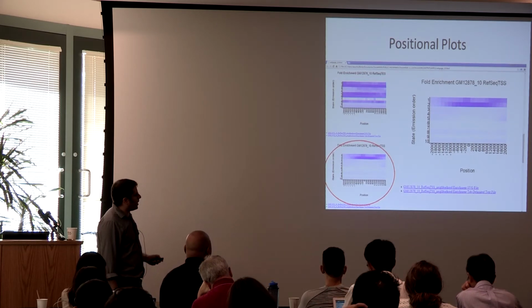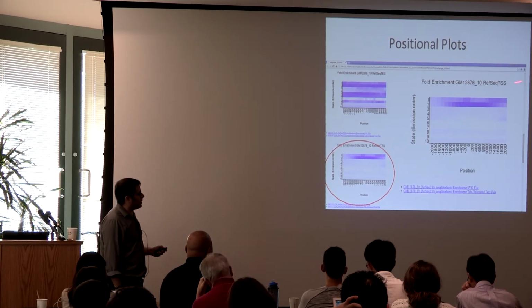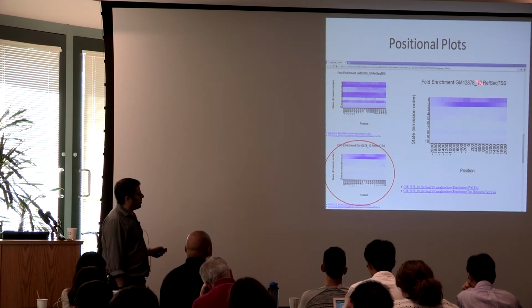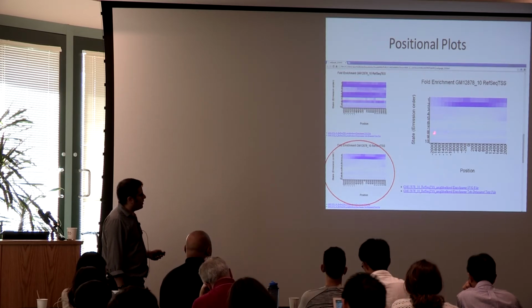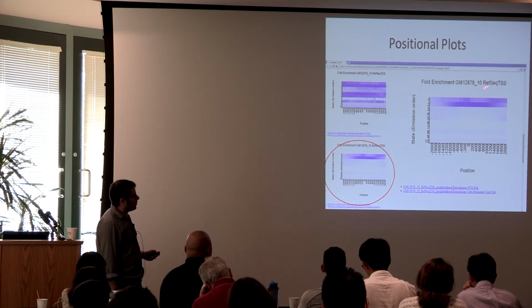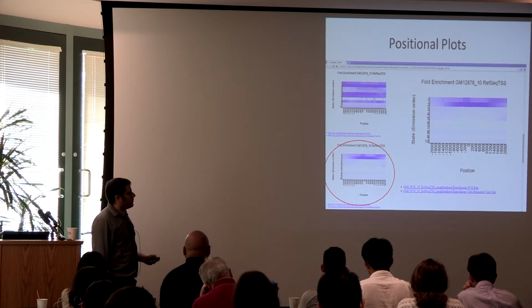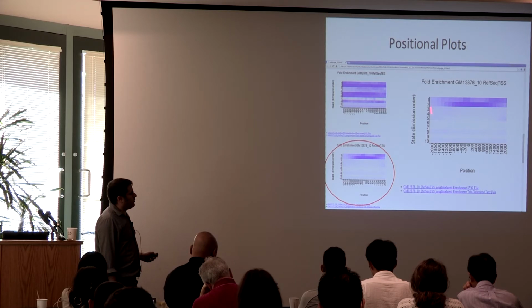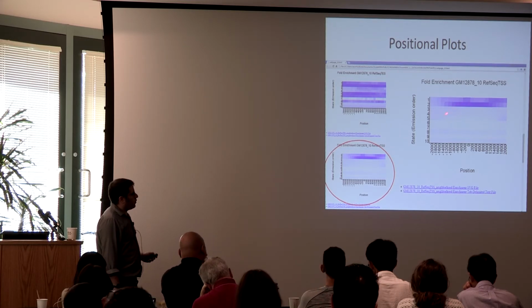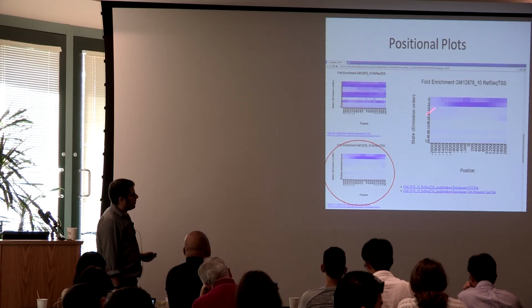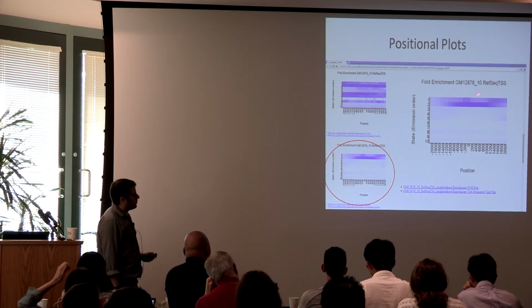Another type of plot that ChromHMM can automatically make is neighborhood enrichment plots. In this case, you can see how the states are relative to a set of anchor positions. Here it's showing you relative to transcription start sites, what's the relative enrichment of each state as you look around the transcription start site.